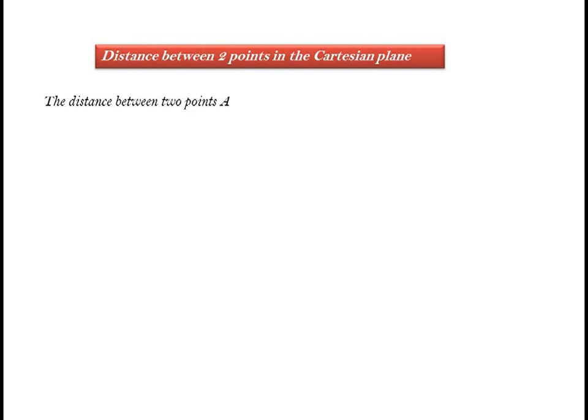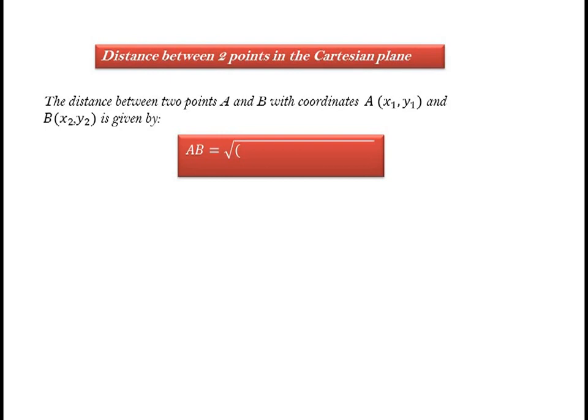The distance between 2 points A and B, when the coordinates are known, A (x1, y1) and B (x2, y2), is given by distance AB equals the square root of (x2 minus x1) all squared, plus (y2 minus y1) all squared. That's the distance when you know the coordinates x1, y1, x2, y2.